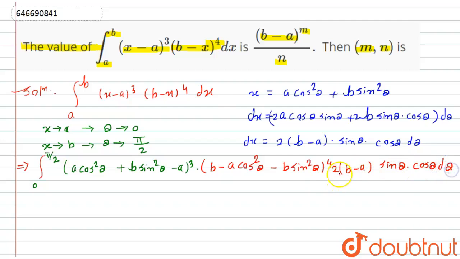Now if we take the constant term outside the integration, we get 2 (b minus a) integration of 0 to pi by 2.